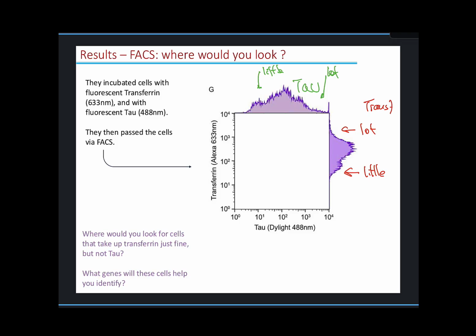So that typically splits these FACS profiles into generally 4 quadrants, right? So we draw a line here and a line here. This defines, generally speaking, these 4 quadrants. So the bottom left, what does that represent?